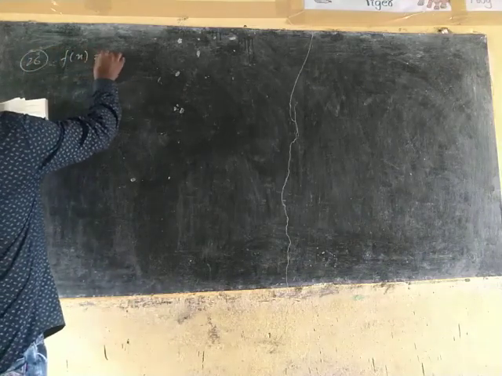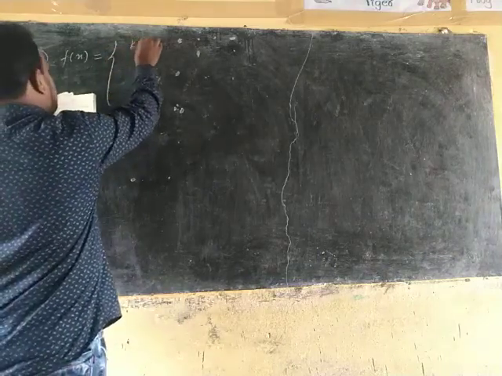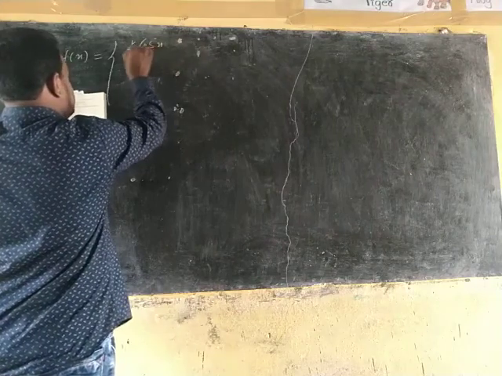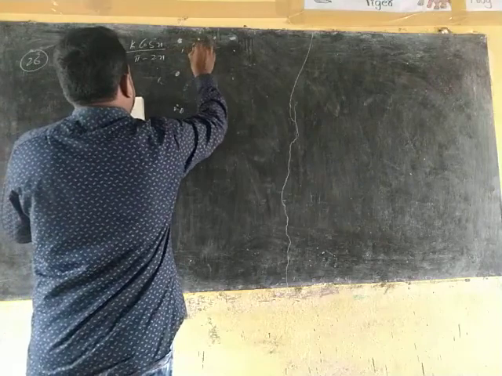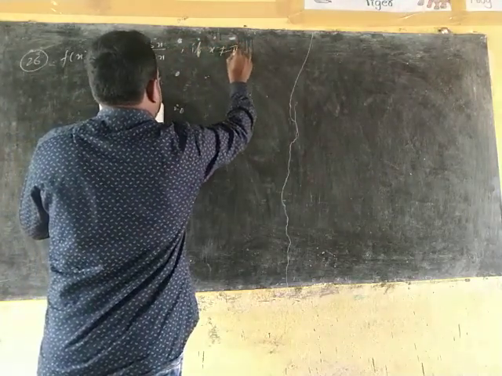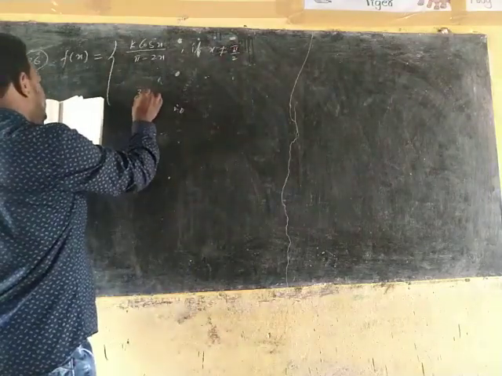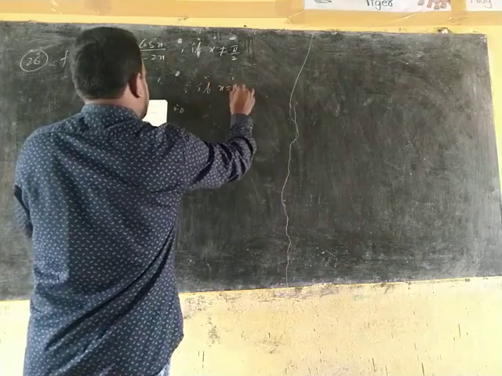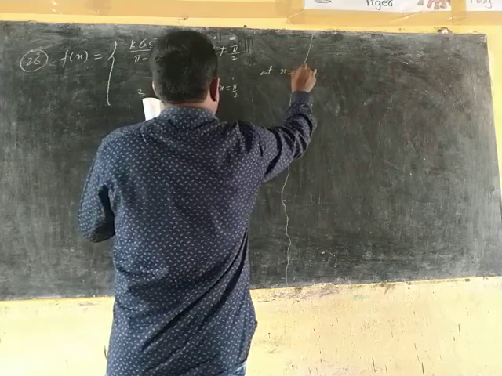26th question. f of x equals k cos x by pi minus 2x, if x is not equal to pi by 2, and 3 if x equals pi by 2, at x equals pi by 2.